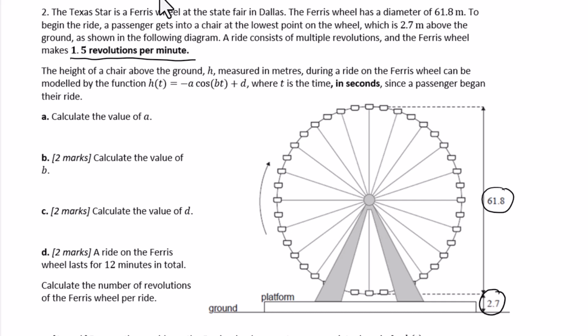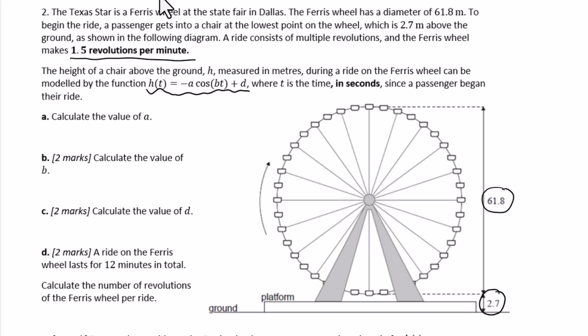The height of a chair above the ground, h measured in meters, during a ride on the Ferris wheel can be modeled by the function h of t equals negative a cosine bt plus d, where t is the time in seconds since a passenger begins their ride.